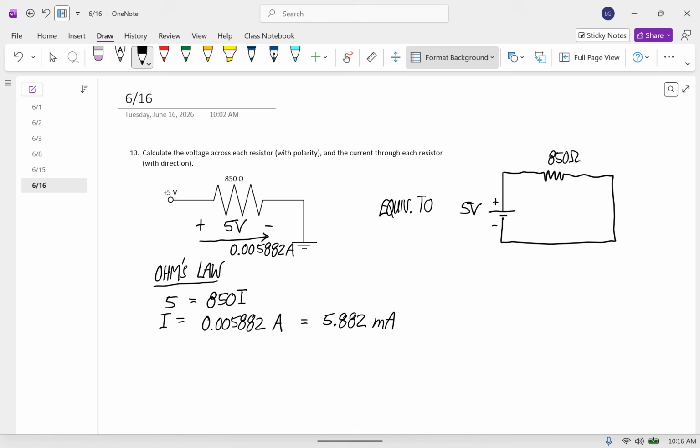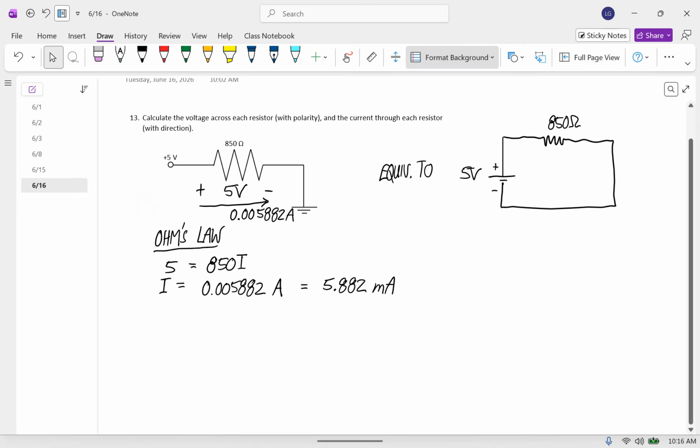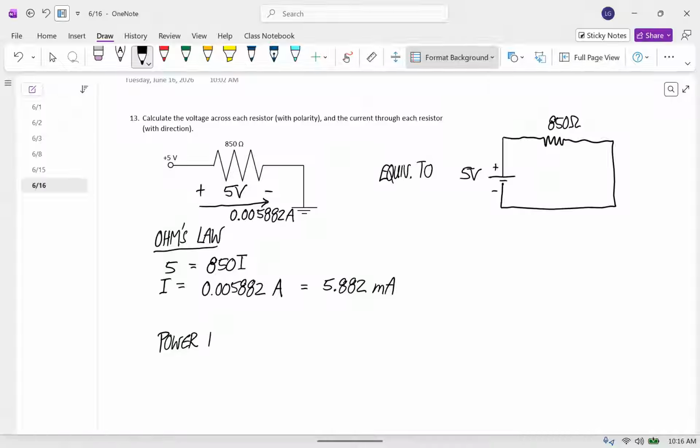One thing that it asks you for in one of the later questions is to go back and calculate the power dissipated in each one of these resistors. And it tells you how to do that in the problem. But the power dissipated by a resistor is the current times the voltage.